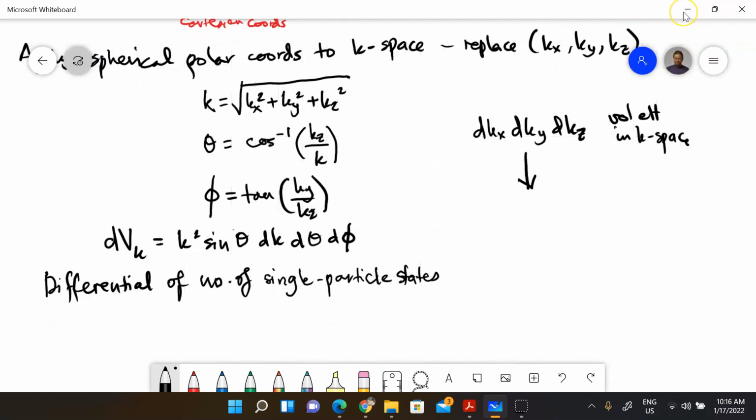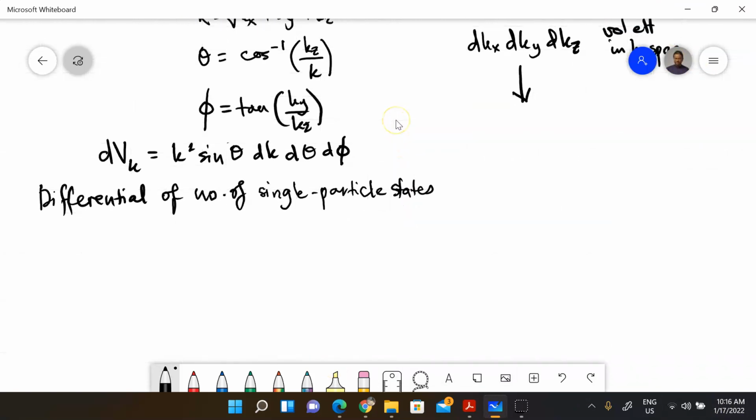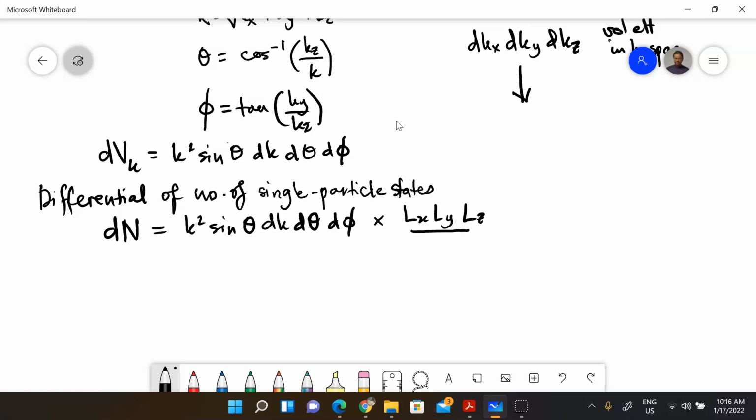So here we have that differential dn to be the volume element k squared sine theta dk d theta d phi multiplied by the density of states. This is Lx, Ly, Lz over pi cubed. So remember that density.